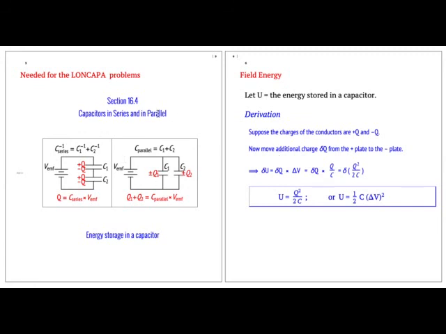What happens when you connect capacitors in series or in parallel? So suppose we have two capacitors.